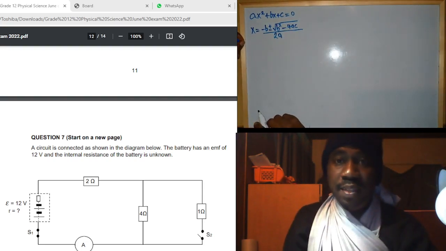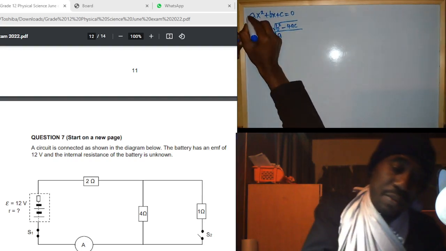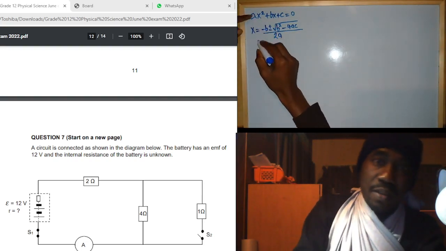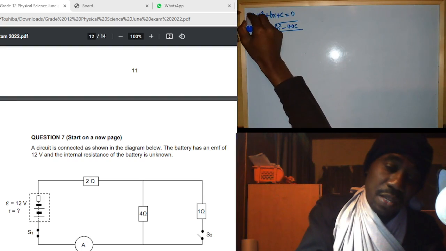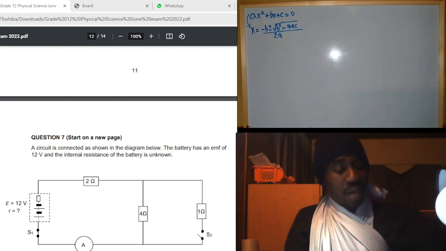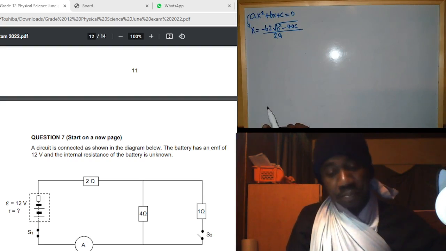So our task in this lesson is to get from this point, the general form of quadratic equation, to the quadratic formula. So how do we achieve that?